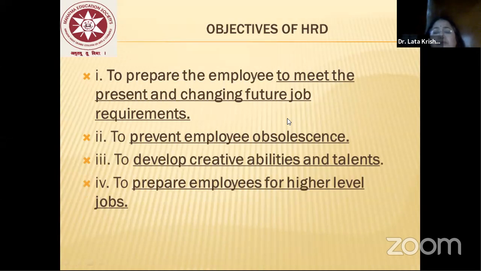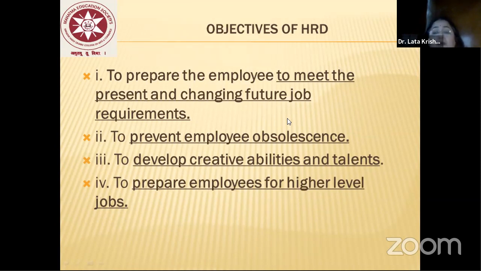So what is employee obsolescence? To become obsolete is to become outdated. When people join a particular business organization, they may come with a particular skill set and knowledge. They cannot remain with the same knowledge and same skills till the day they retire, because eventually they will become redundant, because their skills will become outdated.